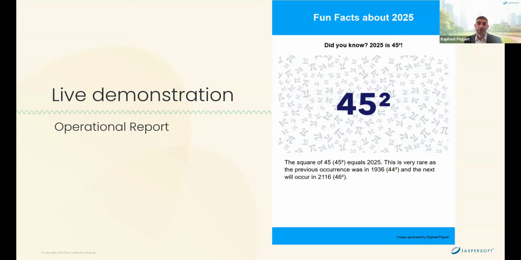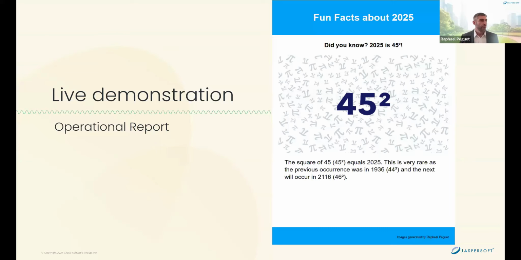We'll be presenting fun facts about the current year, 2025, from a number perspective. We will need to create a report which is simple and fun and pretty, and we need to dynamically create a page for each fun fact from the data in my database. And the report should look good in PDF and in HTML as well.